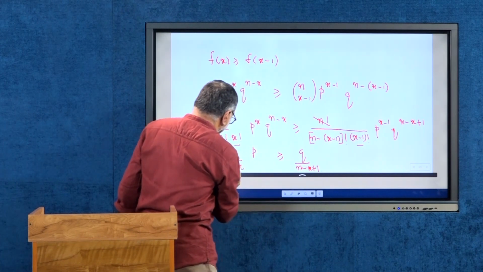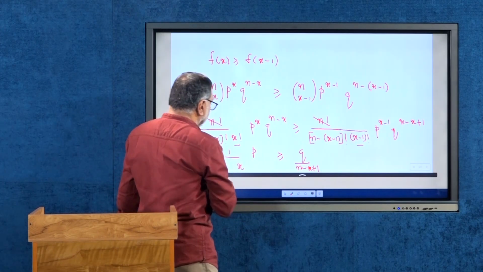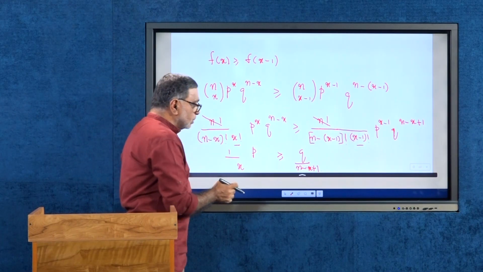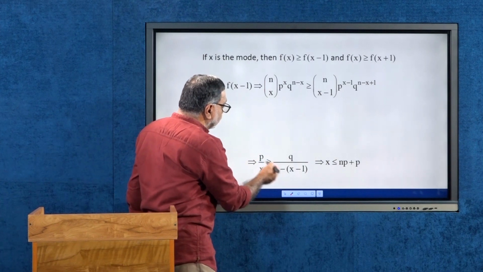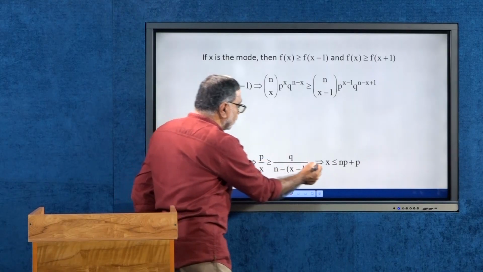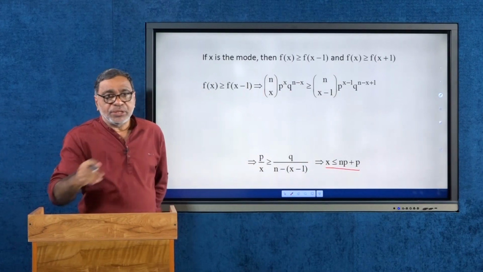So, these are the remaining factors. That is, we have p by x greater or equal to q divided by n minus x plus 1. This is our expression. Simplifying, we have x less than or equal to np plus p.